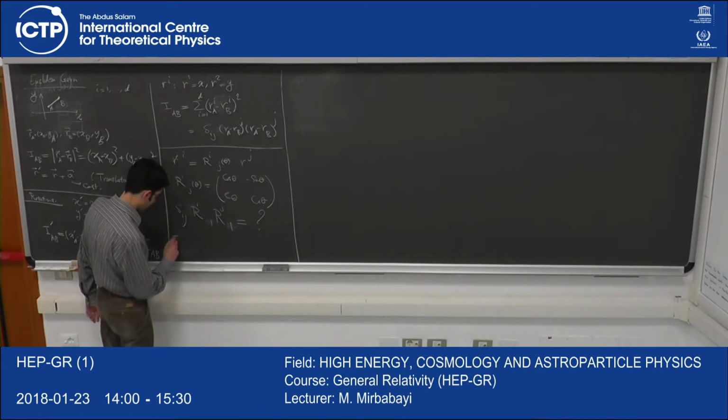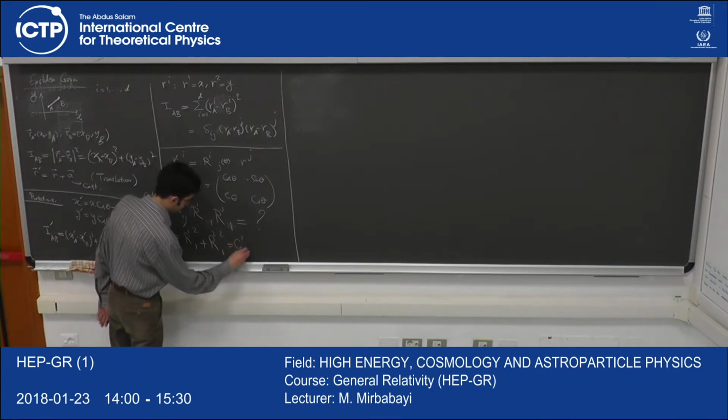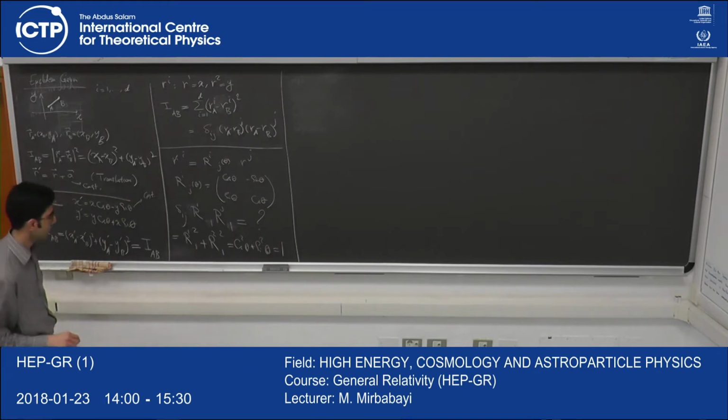So yeah, Vasif said there is R11 squared plus R21 squared, which is cosine squared of theta plus sine squared of theta, which is 1.